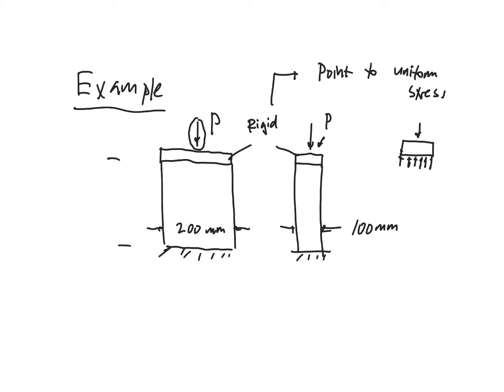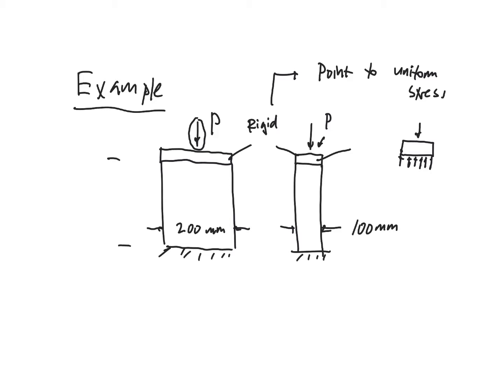So that's going to be the equal and opposite compressive stress that we will have. So basically, the rigid block here acts to evenly distribute the load so we can more easily envision a state of uniform stress.